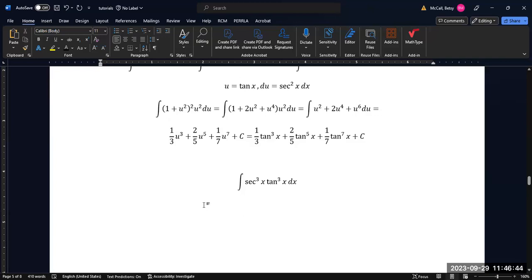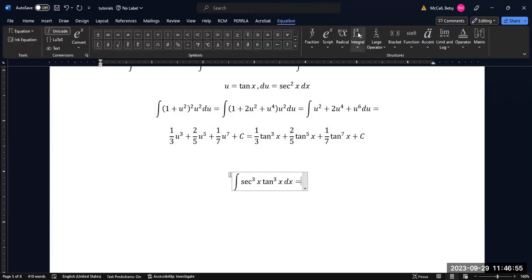So in this scenario, what we're going to do is pull out a secant and a tangent. So inside my integral, I'm going to leave a secant squared behind.